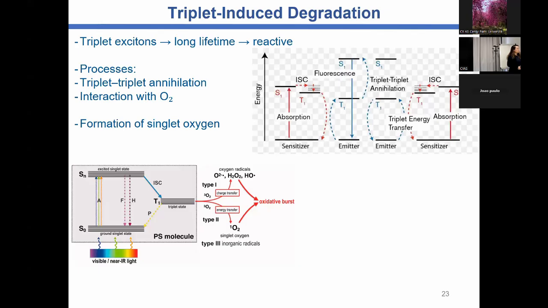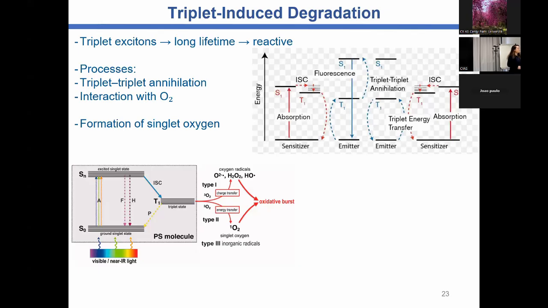So the triplet degradation usually comes from the singlet transition from the ground state, singlet state, to the excited state. Then the intersystem crossing, with the spin-orbit coupling between the states. So there is some flip of the spin to move the electron to the triplet state.